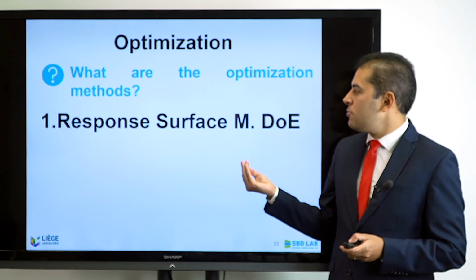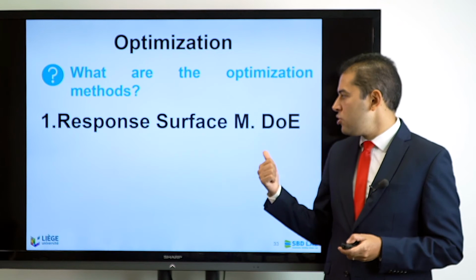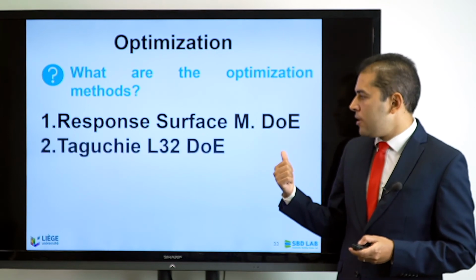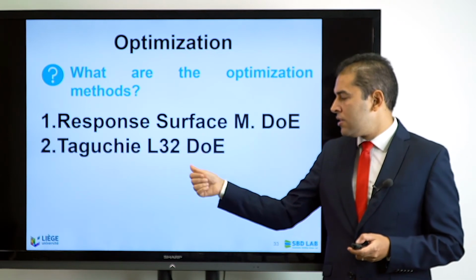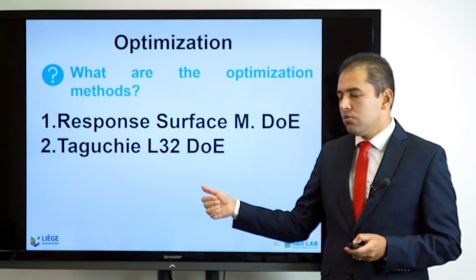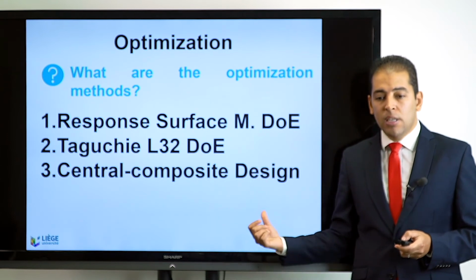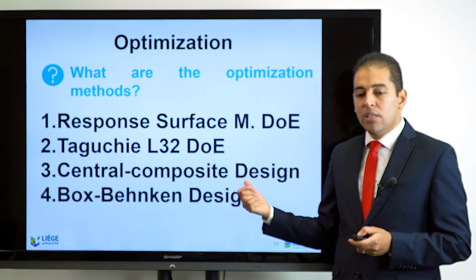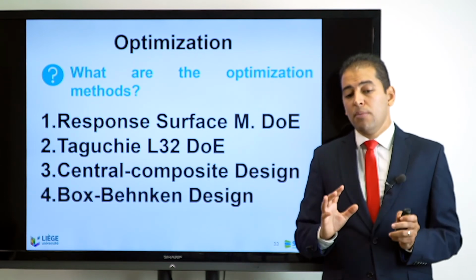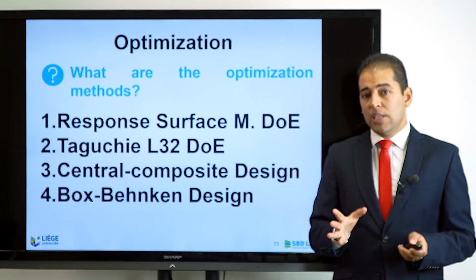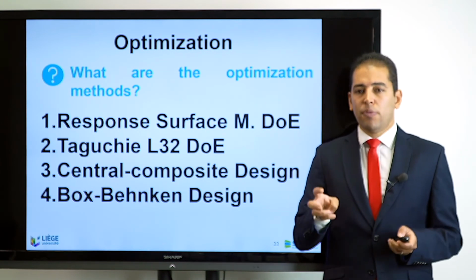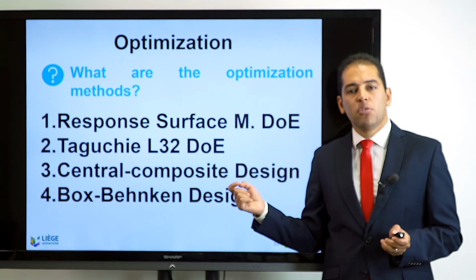What are the optimization methods that are commonly used? We have the response surface method for experimental research, we have the Taguchi L32 design of experiment, we have the central composite design, and we have the Box-Behnken design. Those are the most famous optimization techniques in experimental research, and definitely I will not explain each of those in this presentation.